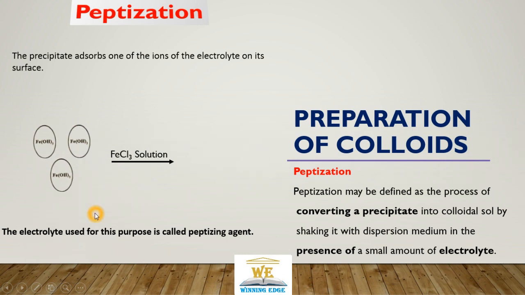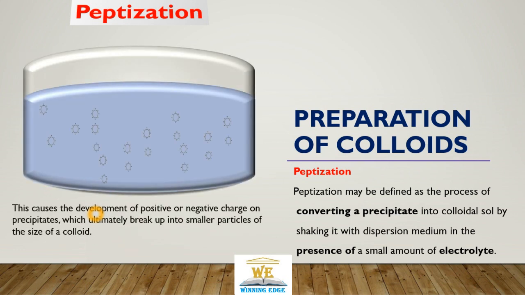Once they do so, they are all similarly charged, so particles start repelling each other and they get dispersed in the dispersion medium, and the size of the particles will be in the colloidal range. Basically, the peptizing agent gets selectively adsorbed on the precipitate surfaces, and through Coulombic repulsions they make colloidal particles, and this is how they are stabilized in the dispersion medium.